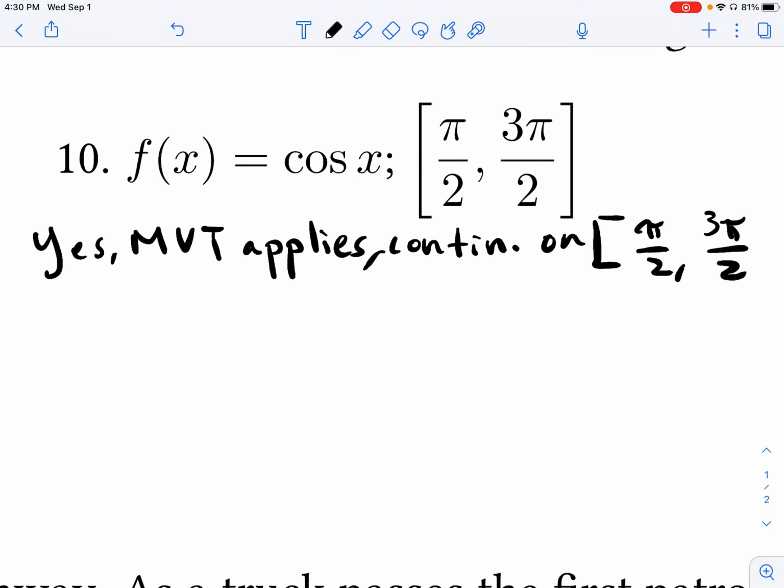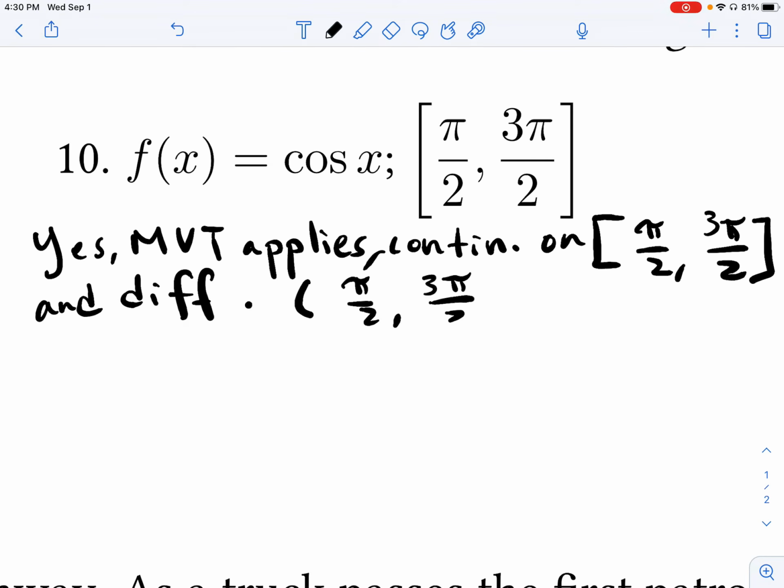How do we know it's continuous? Well, look at the function. It's cosine. We know cosine is always continuous. And differentiable on that open interval. Okay, so now that we know MVT applies, there's going to be a C value somewhere in this interval such that the derivative of cosine is equal to the average rate of change.